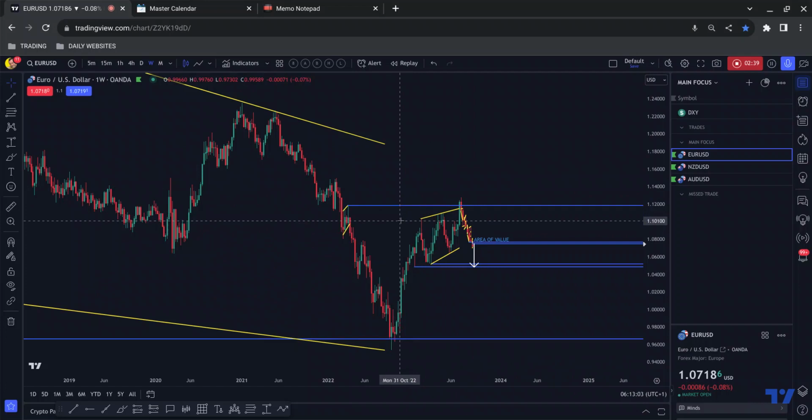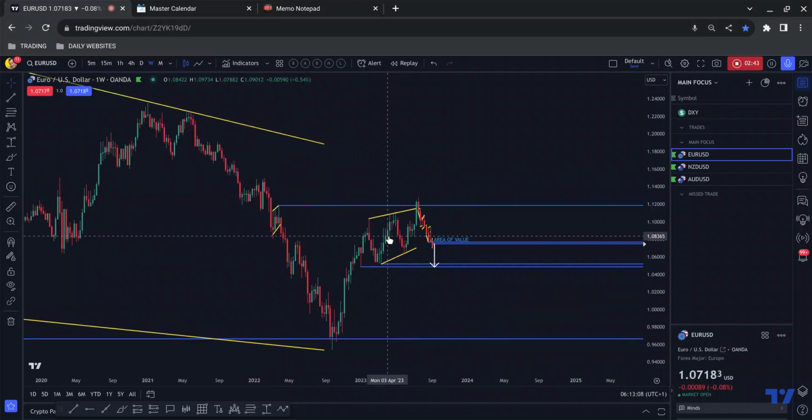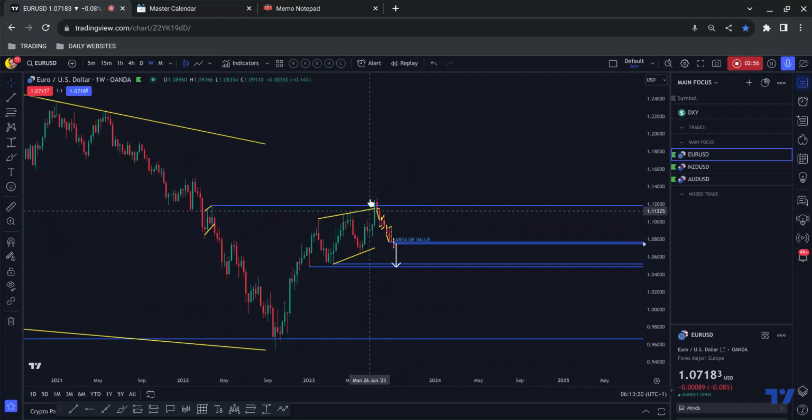And one of the clues for me that we would likely have opportunities to get short before that potential longer term move to the upside is the fact that we've tapped into this exchange of liquidity here by way of a 1, 2, 3 touch move. We then break above.